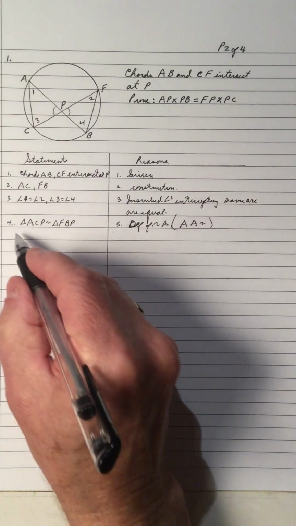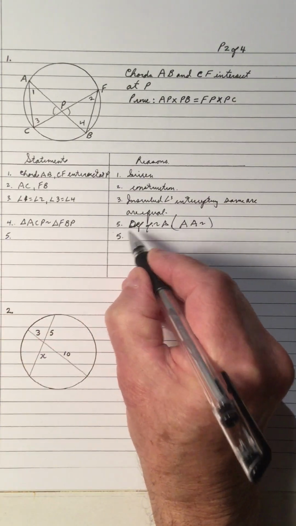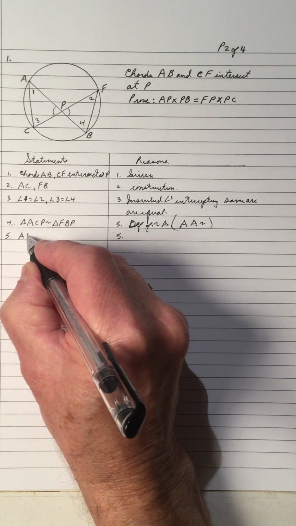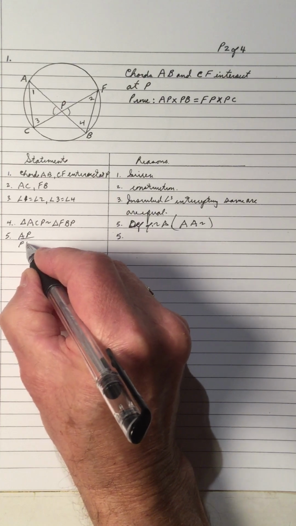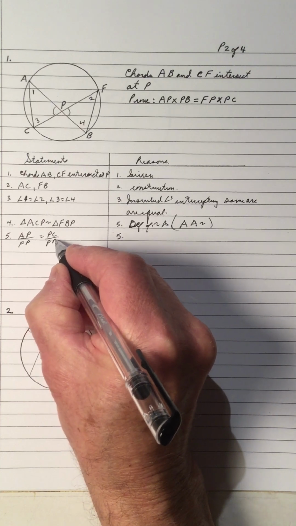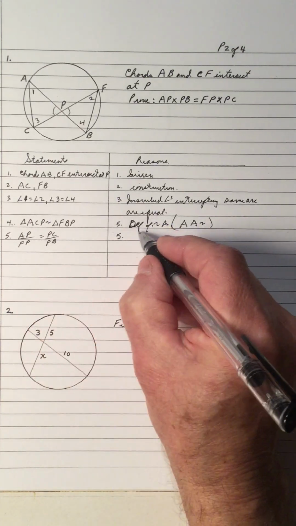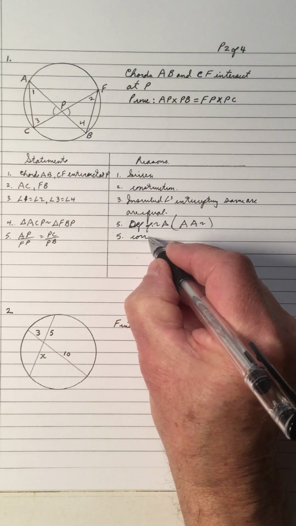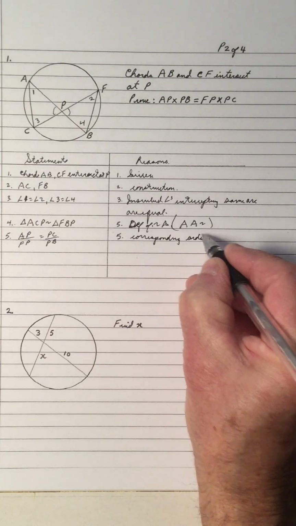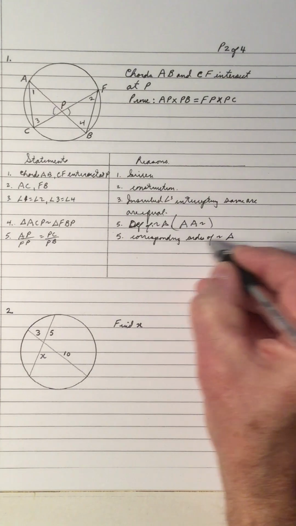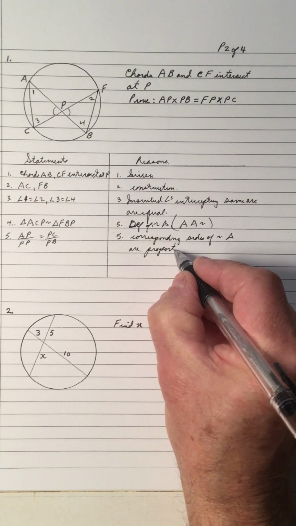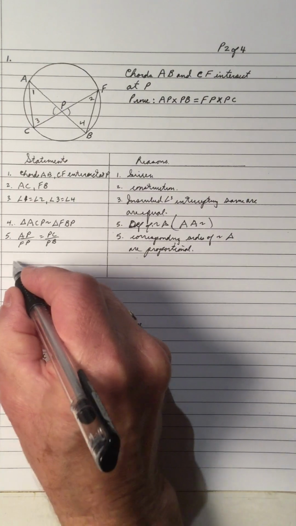And number 5, we have AP over FP is equal to PC over PB, because corresponding sides of similar triangles are proportional, or we could also say the definition of similar triangles.